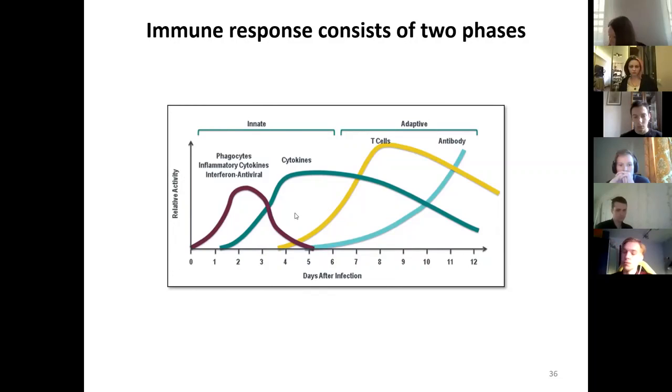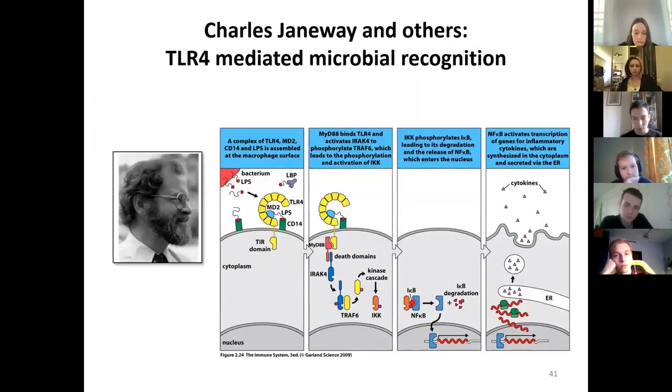Now, you have the innate immune system and the adaptive immune system, right? When you cut your finger, for example, the bacteria get under the skin, and everywhere in your body there are resident macrophages. Even in the brain, they are called microglia. These resident macrophages have particular receptors called TLR receptors.